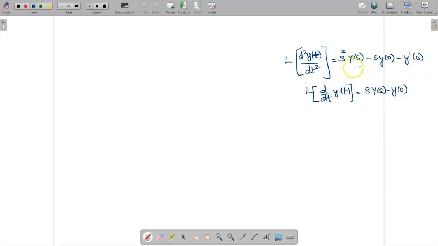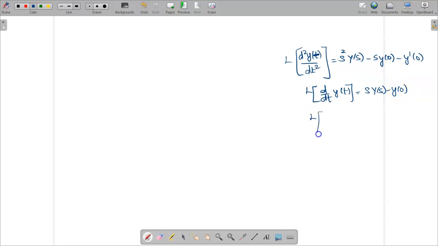Like this you have to write your Laplace terms for the given differential term. Laplace of d by dt y of t is, again for d by dt it is s, and for y of t it is y of s minus, since s power 1, the next will be s power 0, so it is 1, so no need to write that, and the first initial condition is y of 0.